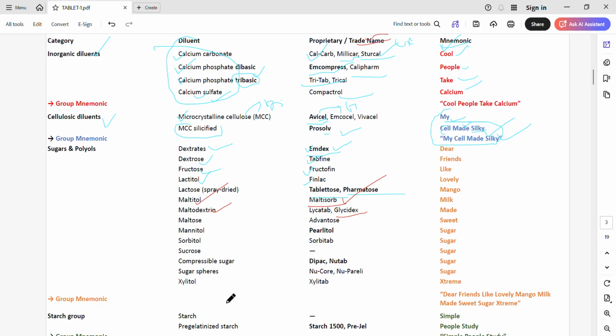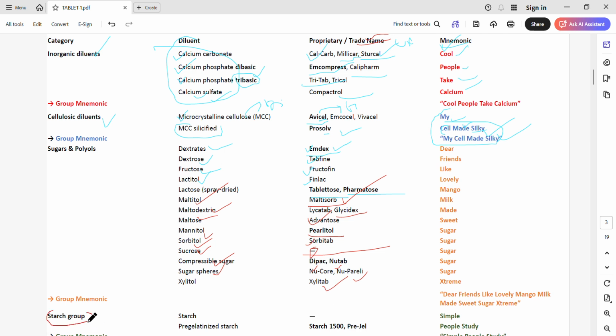At first we discuss, then I will tell you which are important. Maltose is Advantose, and maltitol is Finmalt, and sorbitol is Sorbitab, and for sucrose there is no proprietary trade name. Compressed sugar is Di-Pac and Nutab, and sugar spheres are Nu-Pareil. Then xylitol is Xylitab.